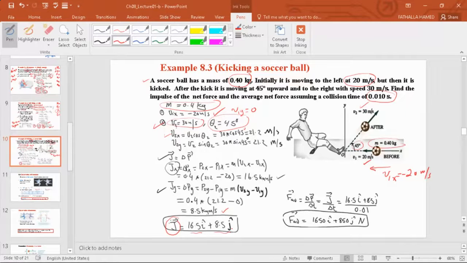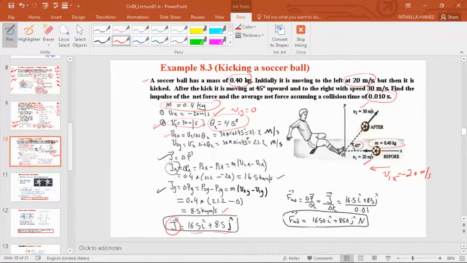Now in the second part, they asked about the average force, and we already did this in the previous example. The average force should be the change in momentum over the change in time, which is basically the impulse that we calculated here divided by the change in time, 16.5 i hat plus 8.5 j hat divided by 0.01.